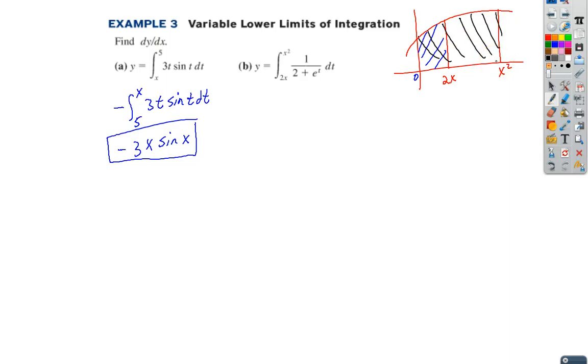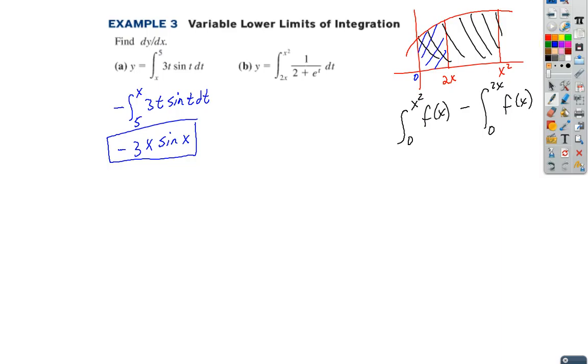So if I take the integral from 0 to x squared of my function and subtract the integral from 0 to 2x of my function, I will get my answer. So that's what I'm going to do.